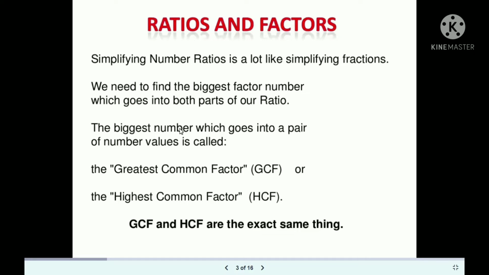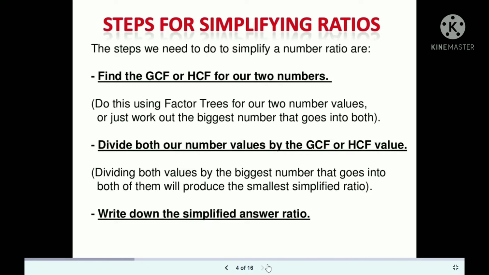The biggest number which goes into a pair of number values is called the greatest common factor or the highest common factor. So we know that GCF and HCF are the exact same thing. So pareho lang po yan pag sinabi natin GCF or HCF. So pwede mong sabihin na greatest common factor or highest common factor.